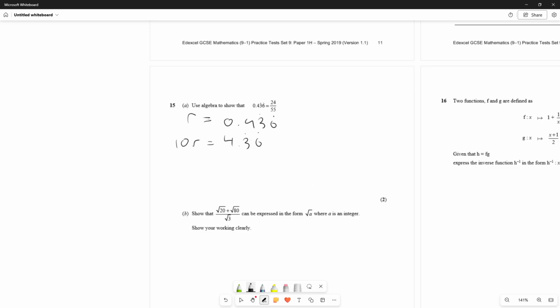Makes sense. Now we want to get rid of this recurring decimal. In order to line up the recurring part, we have to times by 100 to get 436.36 recurring. Now we can subtract them and this should get rid of the recurring decimal.